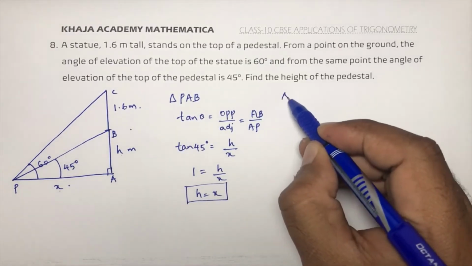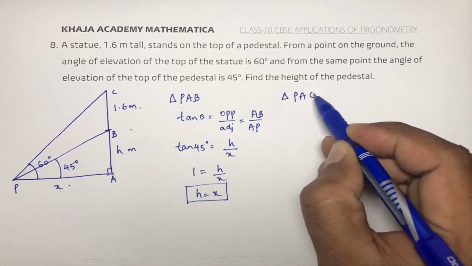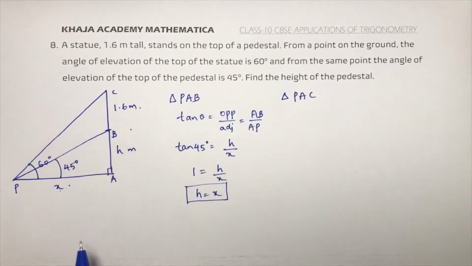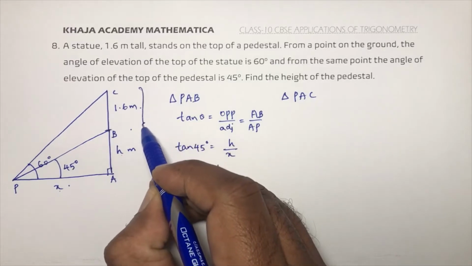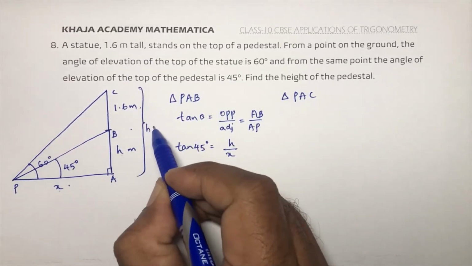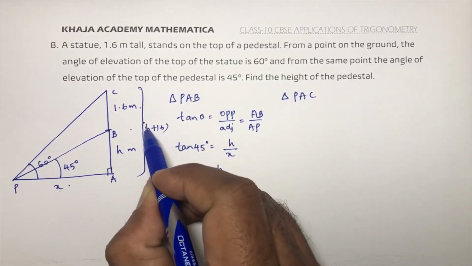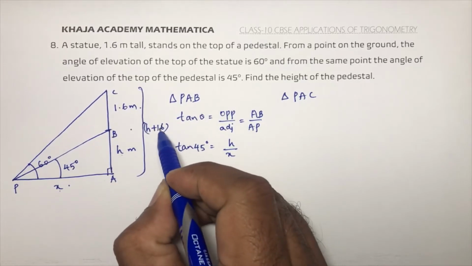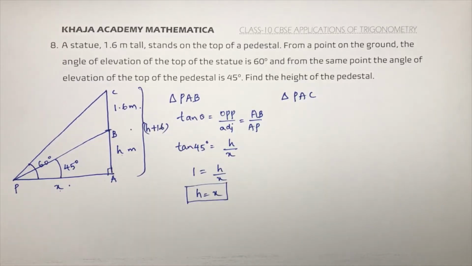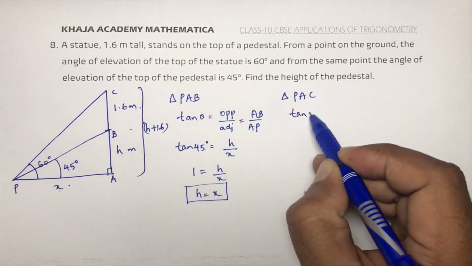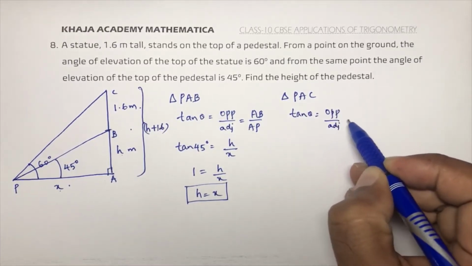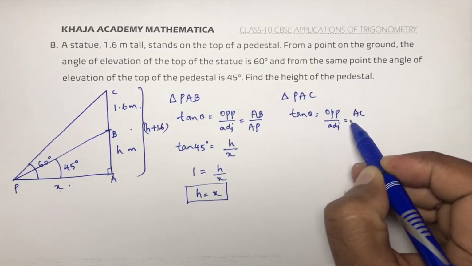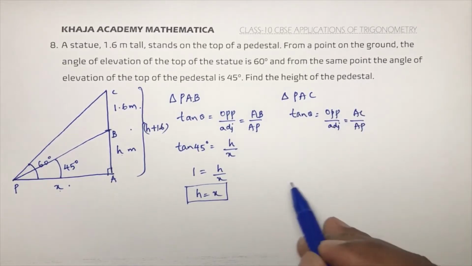Now in triangle PAC, the angle is 60, opposite will become AC, which is h plus 1.6. Now if I substitute tan theta, opposite by adjacent, in this triangle opposite will be AC, adjacent is AP.